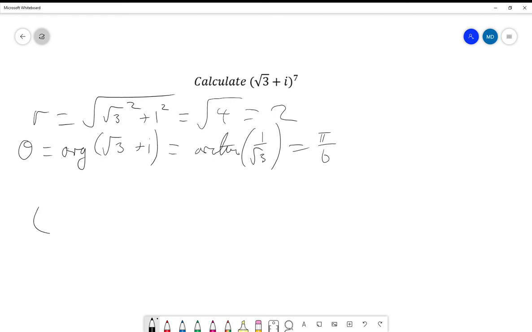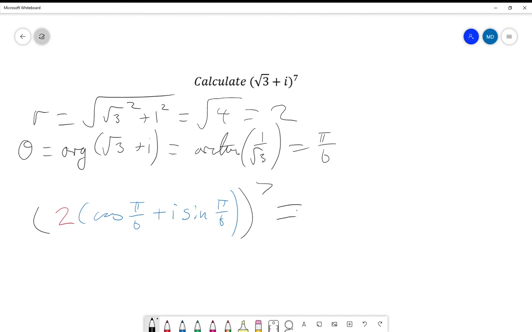Using de Moivre's theorem, we are doing 2 times by cosine of pi over 6 plus i sine of pi over 6, all raised to the power of 7. That's what we want to work out.